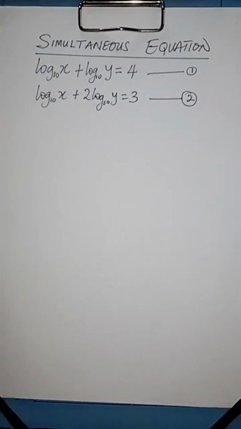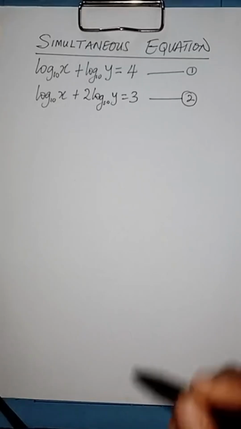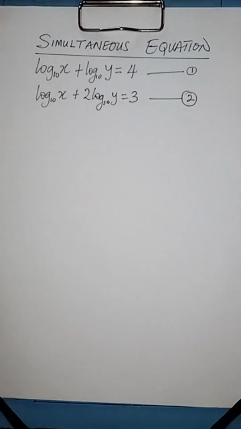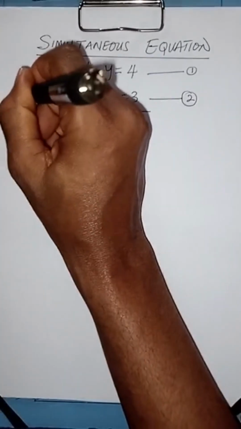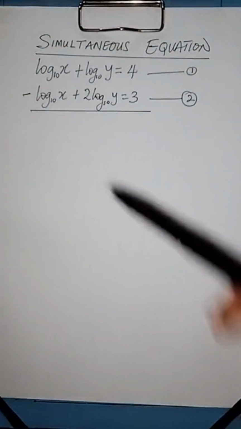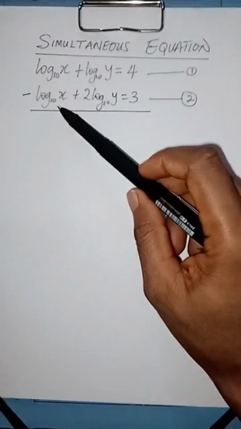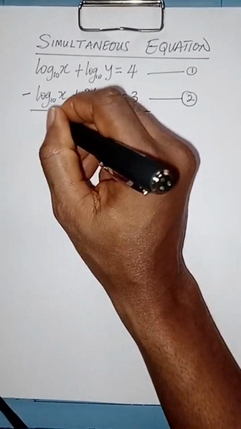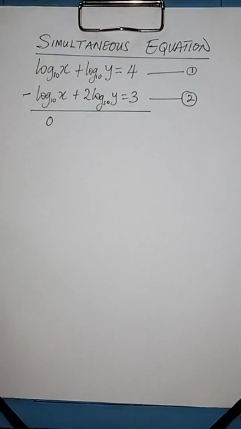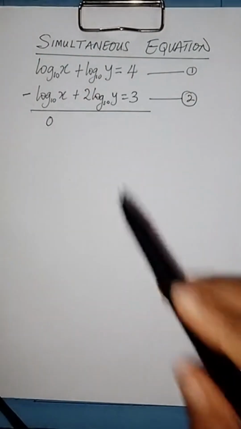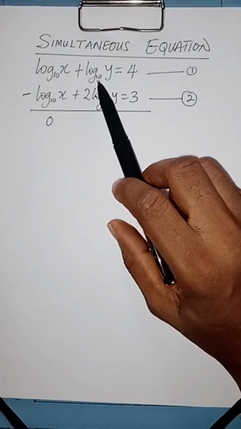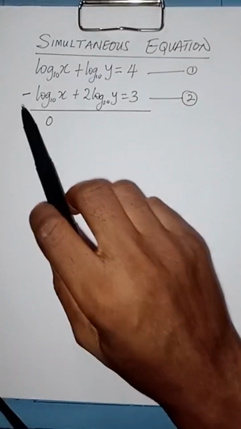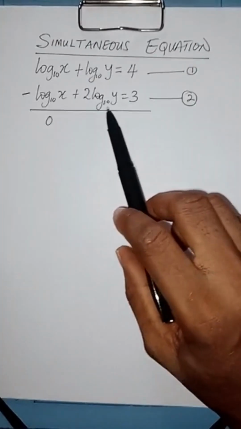So using the elimination method, I'm going to draw my line. That's the line, and I'm subtracting. So log x to base 10 minus log x to base 10 is 0. So it's gone. But let's look at this one. This is log y minus 2 log y.